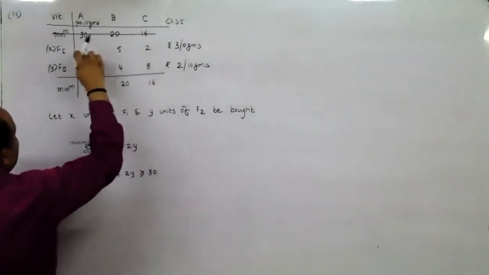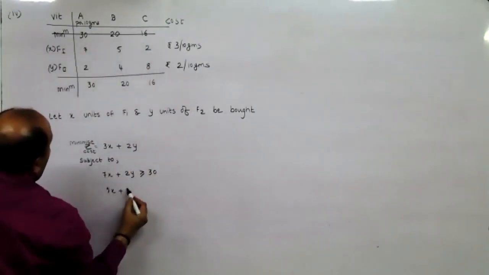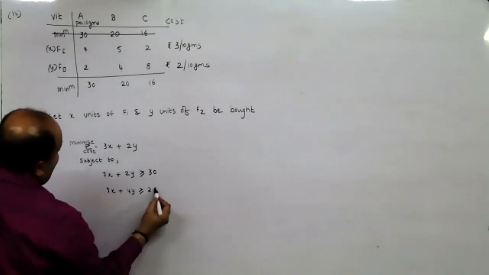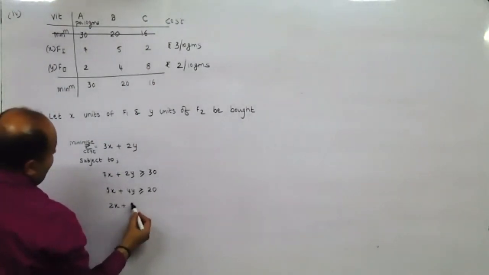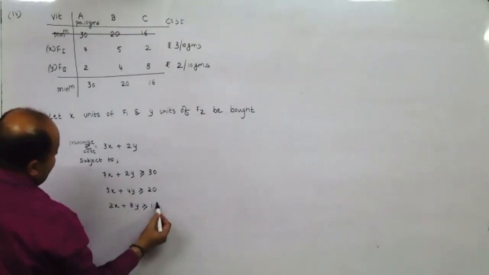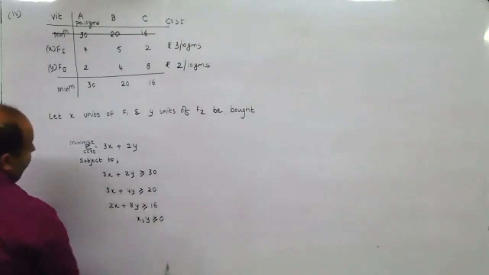Here 5 units is what she gets from here, so 5 into X plus 4 into Y should be greater than or equal to 20. Then 2x plus 8y should be greater than or equal to 16, and x and y should be greater than or equal to 0.